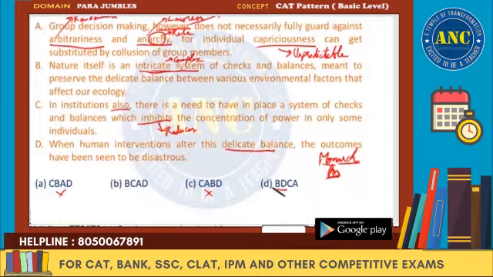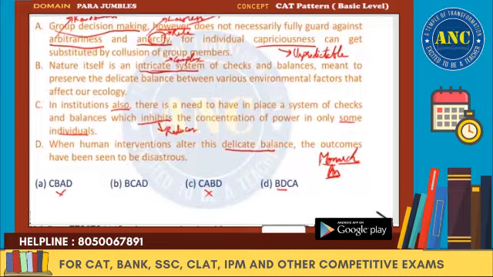But let's also check C and A to see if that makes sense as well. In institutions also there should be a set of checks and balances to avoid or to lessen the effect of concentration of power in only some individuals. This some individuals and group decision making is a related terminology. Here you talk about individuals, there you're talking about groups.